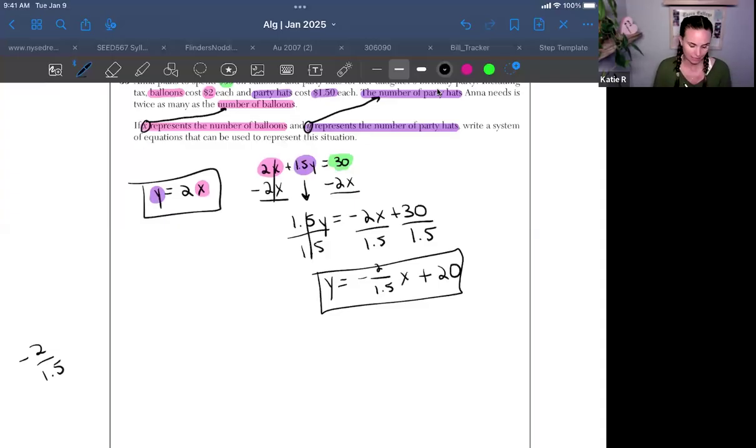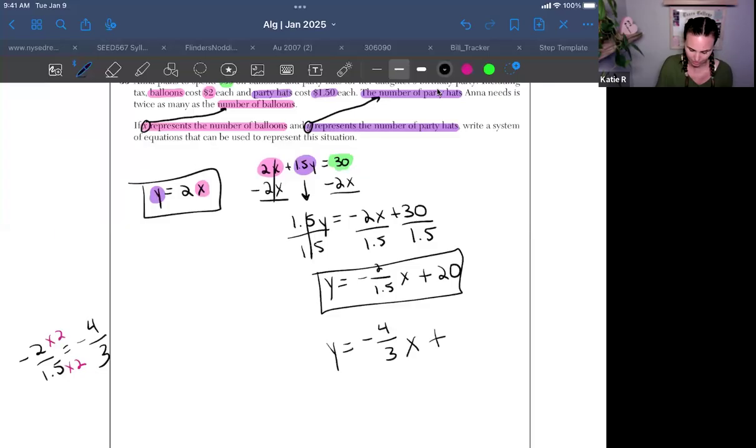So I'm looking at it and I happen to know off the top of my head that 1.5 times 2 is 3. And then 2 times 2 is obviously 4. So if I multiplied both by 2, I would end up with -4/3, which is much better for graphing.